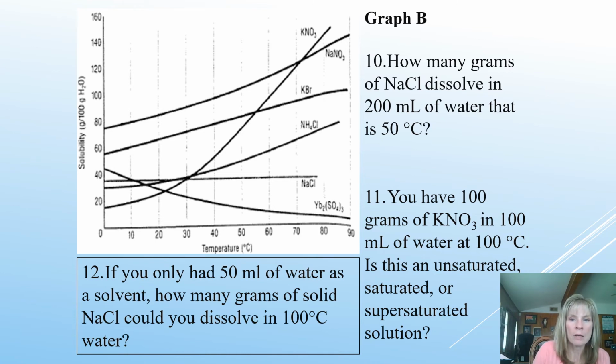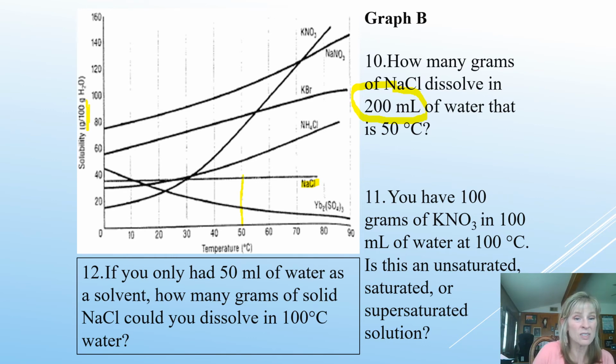Alrighty. How many grams of sodium chloride dissolve in 200 milliliters of water that's 50 degrees C? Well, there's 200 milliliters. All right, remember, this is 100 grams, but water is 1 gram per milliliter, so 100 grams is 100 milliliters. 200 milliliters of water, sodium chloride, 50 degrees. Well, here's my sodium chloride right there. Okay, 50 degrees, follow it up.